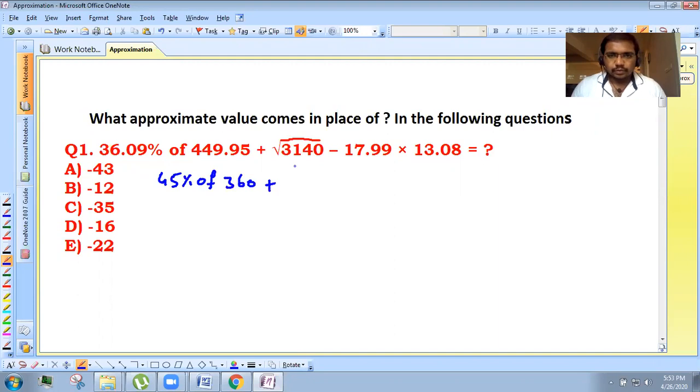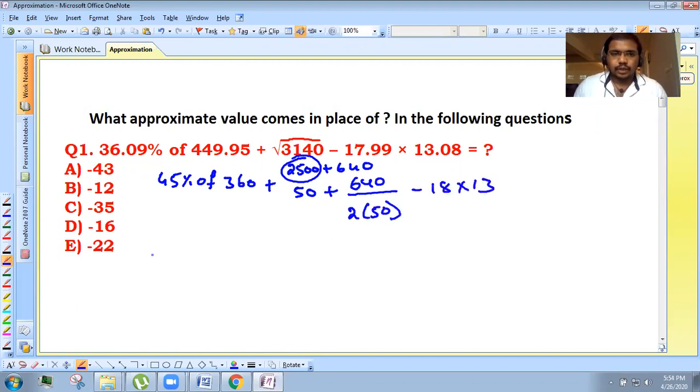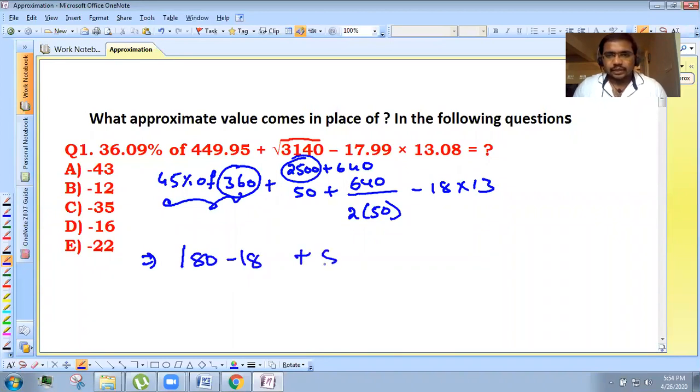And this one, 50 square is 2500 plus 640 extra, that is 50 square already, 640 by 2 times of 50, minus 18 into 13. First step, 45 percentage: first find out 50 percentage of this value, 180. 5% I am subtracting, 18, plus this is 56, because the 0 cancels, 64 by 10 is 6.4.